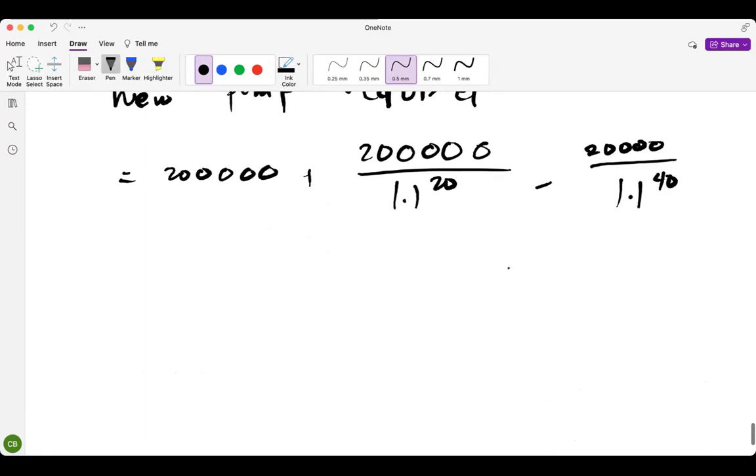So we compute this: 200,000 plus 200,000 over 1.1 raised to 20, minus 20,000 over 1.1 raised to 40.